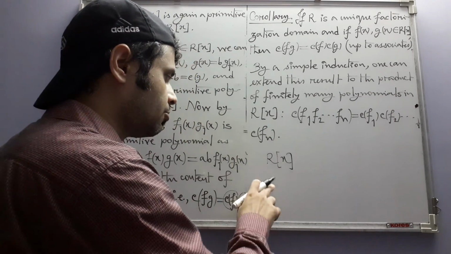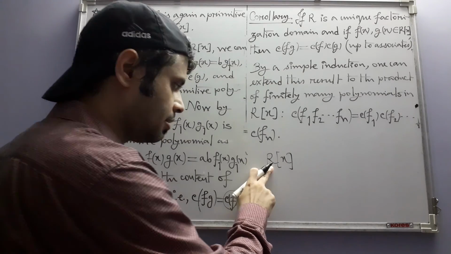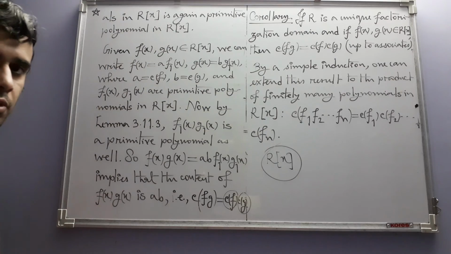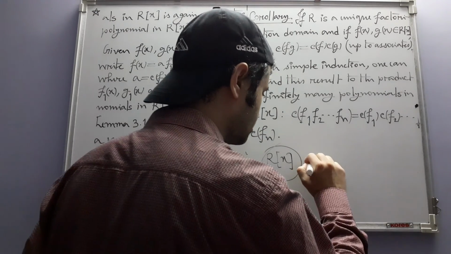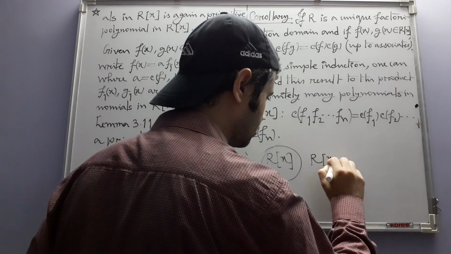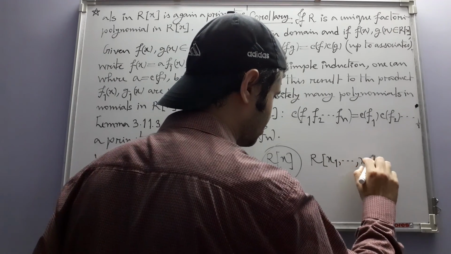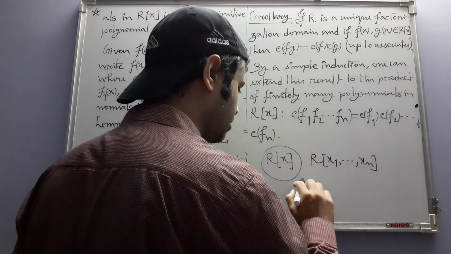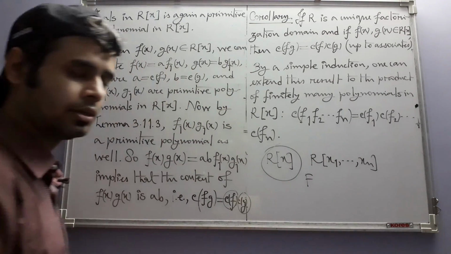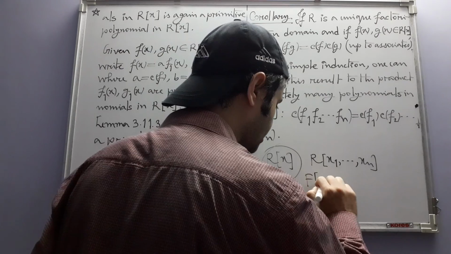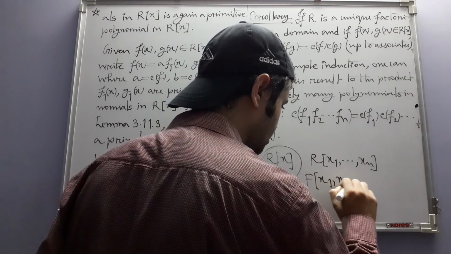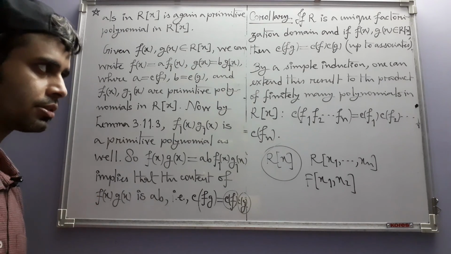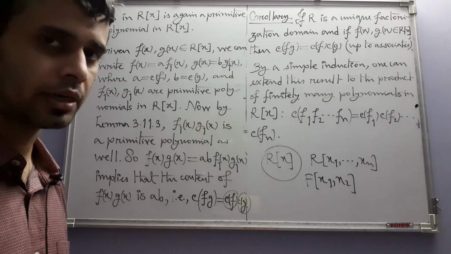Now we will show after this that if R is a unique factorization domain, then R[x] is also a unique factorization domain, and hence this will be a unique factorization domain. And then in place of R we will consider a field, and thereby we will get the fact that this is a unique factorization domain ultimately. So we will see those things in the next video.